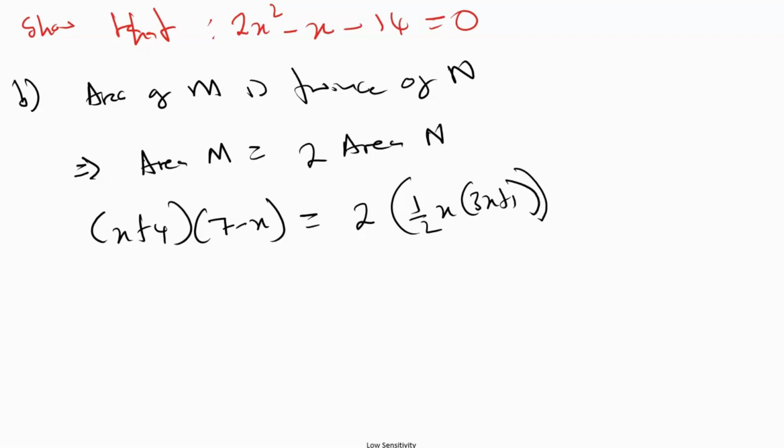So this is the expression that we have. Now what we can do is just expand. We can expand both the left hand side and the right hand side.